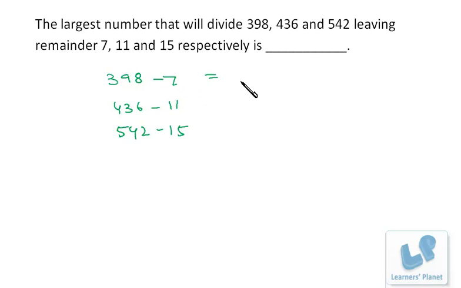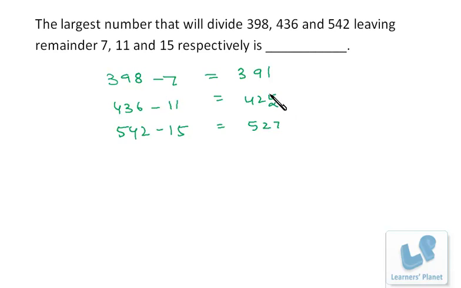So 398 minus 7 is what? 391. 436 minus 11 is what? 425. And 542 minus 15 is what? 527. Okay, so here we got the three numbers.